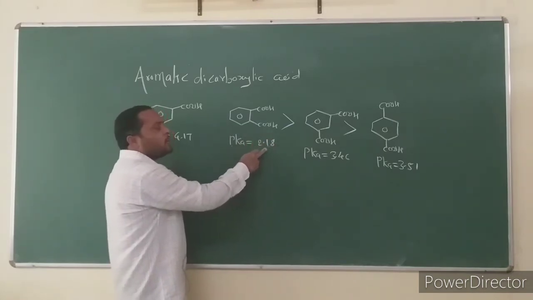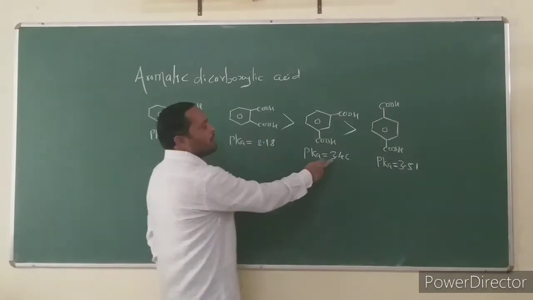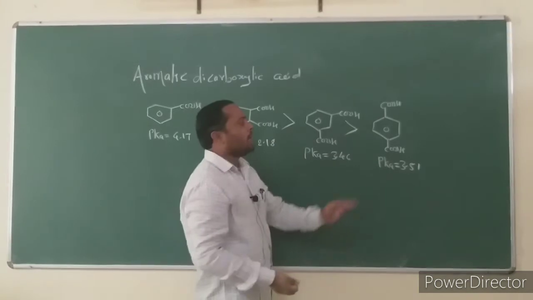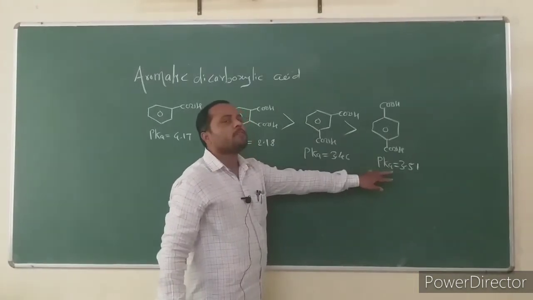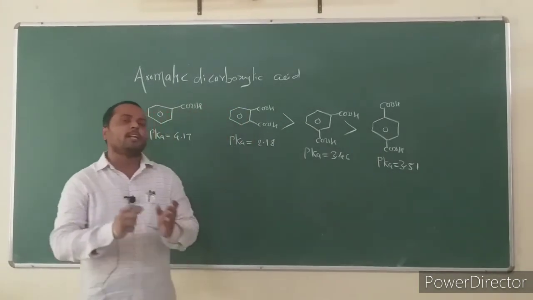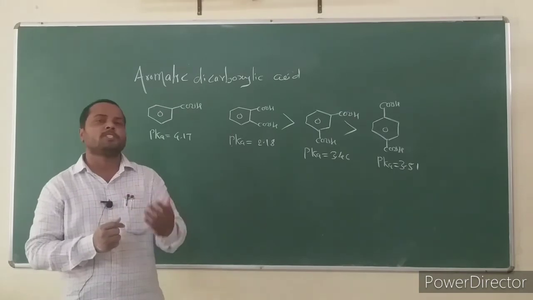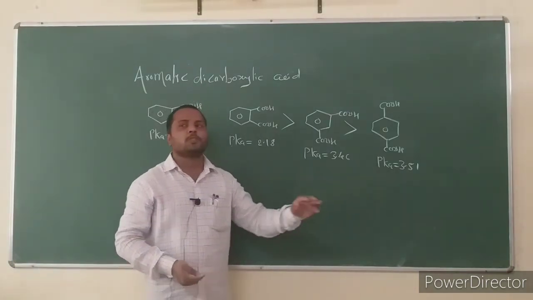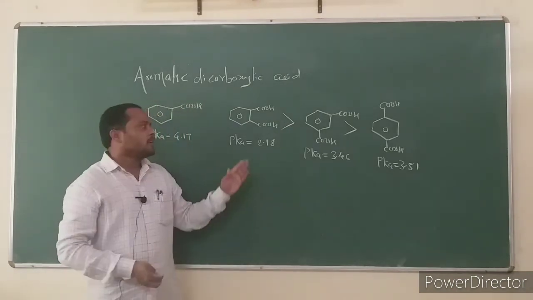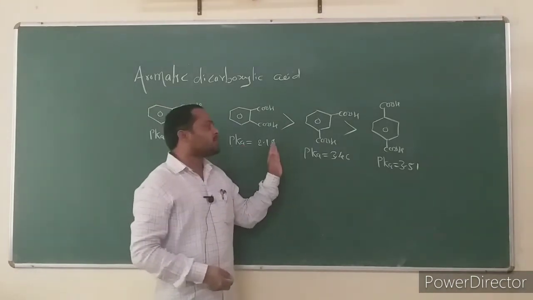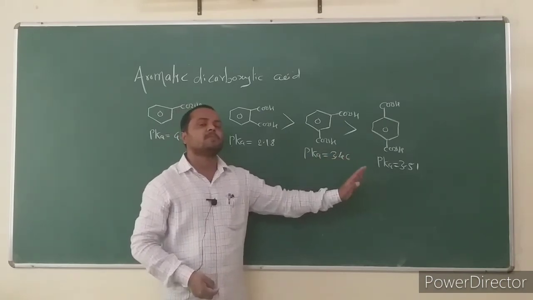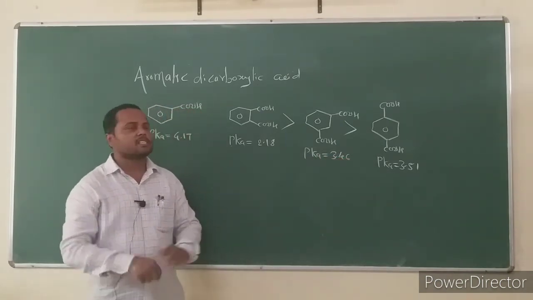It has pK value 2.80, meta has pK value 3.46, and para has pK value 3.51. If the pK value is small, the given compound will be a strong acid. As the pK value is high, the given compound should be a weak acid. The pK value increases from ortho to meta, meta to para. As the pK value increases, the acid strength decreases.